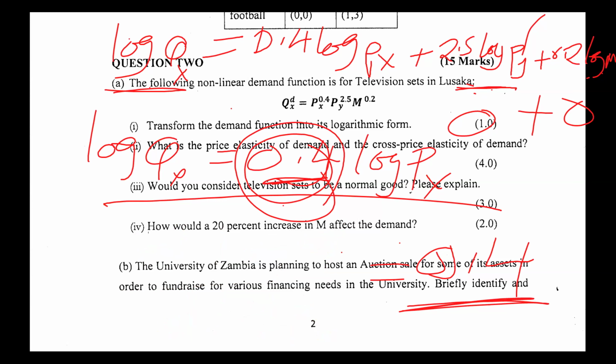When does the demand become inelastic? When it gives us a negative? What if you get a 0? Exactly. What if it gives us a 0?